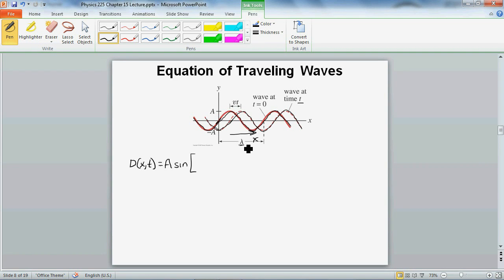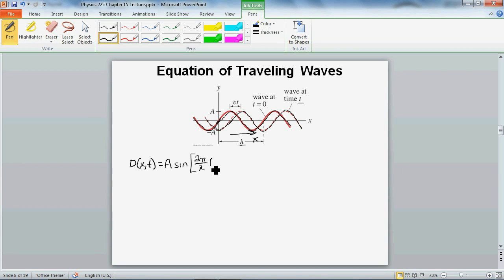And we know our wavelength is lambda, and lambda is the complete 2 pi radians. So our factor 2 pi divided by lambda gives us the ratio for the wavelength. It basically compares the radians to the wavelength.